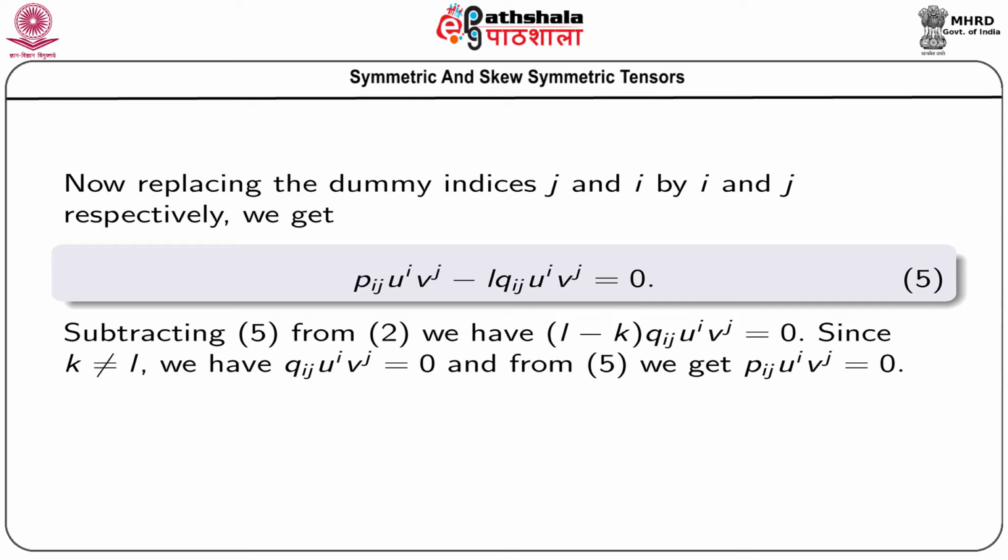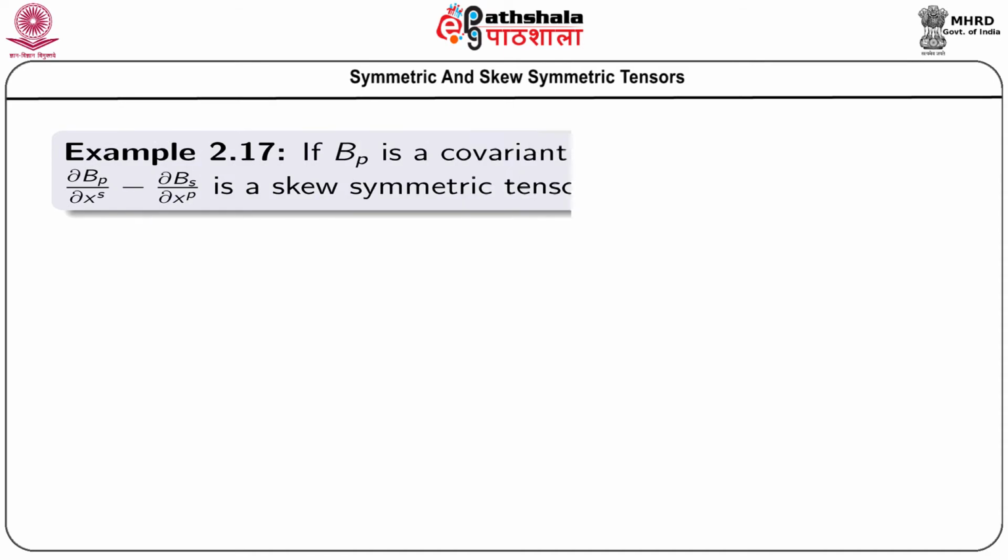Now, since k not equal to L, we have Qij Ui Vj equals to 0, and replacing the value of Qij Ui Vj equal to 0 from 5, we get Pij Ui Vj also equal to 0. So, therefore, the relation is proved.